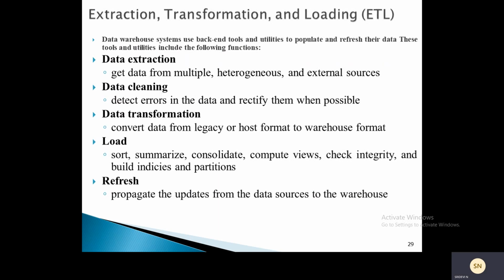These are the functions: data extraction, to get data from multiple heterogeneous and external sources; cleaning, wherein they detect errors in the data and rectify them when possible; data transformation, to convert data from legacy or host format to data warehouse format; and load, which sorts, summarizes, consolidates, views, checks integrity, and builds indices and partitions.